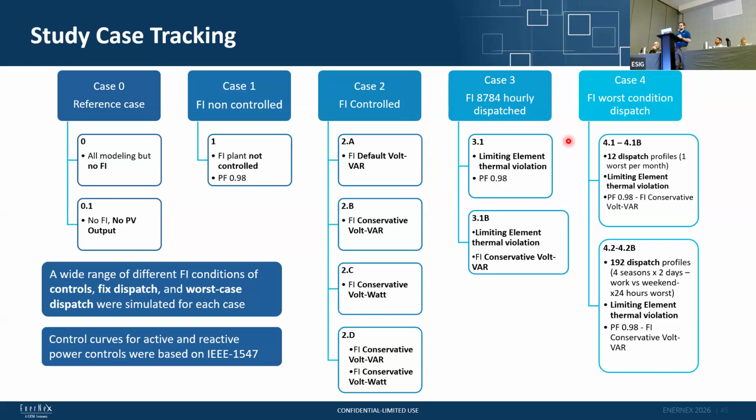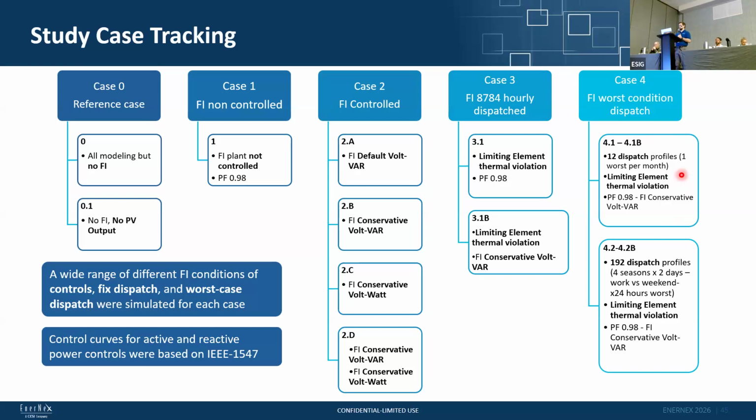Case 3 is doing it hourly. So for every hour of the year, 8784 hours, do we need to apply this curtailment? And then case 4, we split up into two different ones. One is the 12 dispatch profiles per month, and really dispatch profiles is a misnomer because it's more like limit curves.